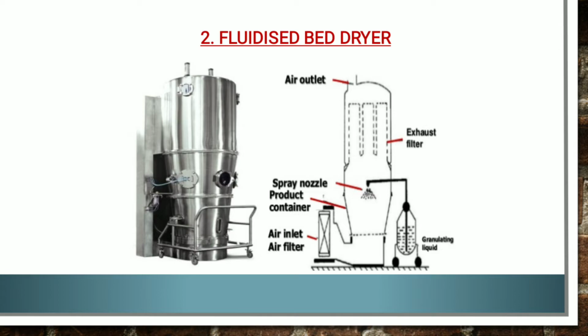Then the temperature of drying can be controlled either by regulating the inlet air temperature or by flow rate of air. The particles are not in direct contact with each other, and efficient heat exchange occurs between the particles and the flowing air, the moist air being carried away rapidly.